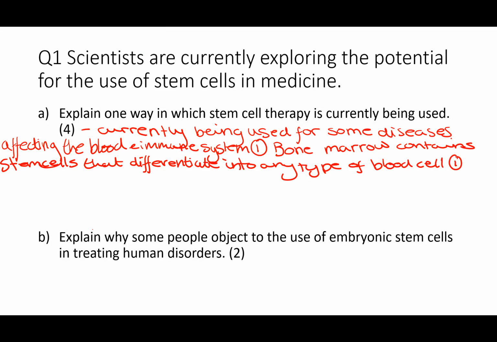You get another mark for that. So, explain one way in which stem cell therapy is currently being used. Well, it's currently being used for some diseases affecting the blood and immune system, first mark. Now we're talking about the sources of the stem cells, so that gets you a second mark. The bone marrow contains stem cells that can differentiate into any type of blood cell.